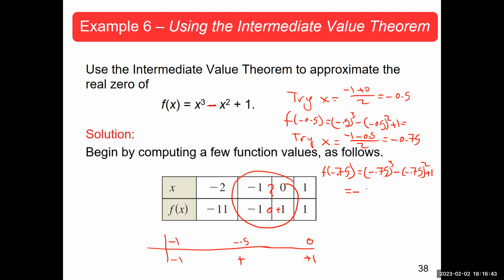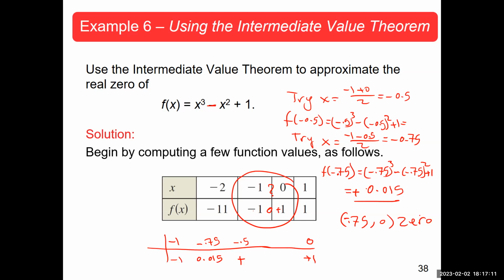Oh no, I think positive. Good. So at negative 0.75, it gave me 0.015. That's a good answer. So negative 0.75, comma 0, is a 0.